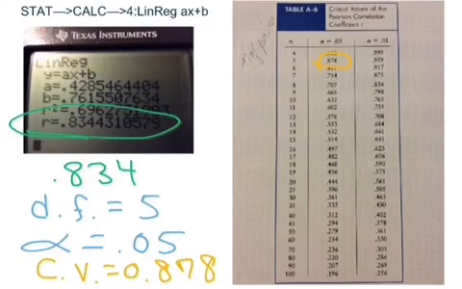Interestingly, although it seems logical that larger households might discard more recyclables, we don't have conclusive evidence of a significant linear correlation between the number of pounds of recyclables discarded each week and household size. This is because our sample correlation coefficient R, 0.834, is less than our critical value of 0.878.